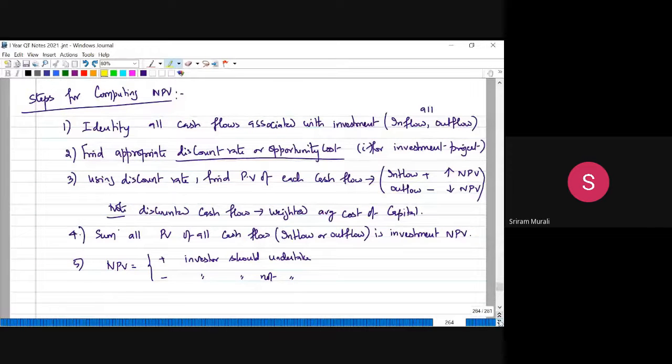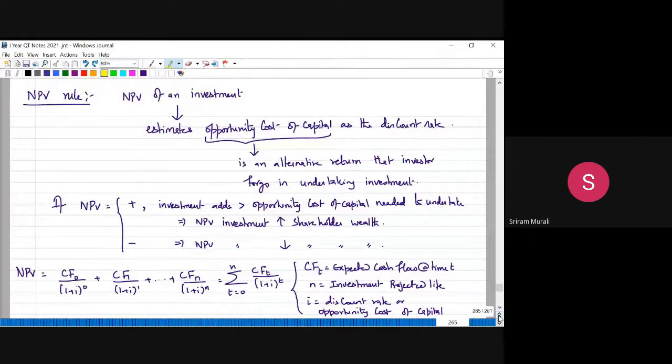So I will solve one or two questions. The net present value rule: net present value of an investment estimates the opportunity cost of capital as a discount rate. Opportunity cost is the alternate return that the investor forgoes in undertaking this investment.